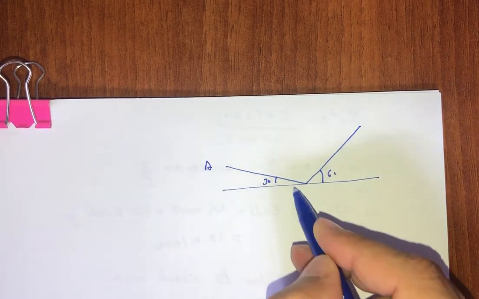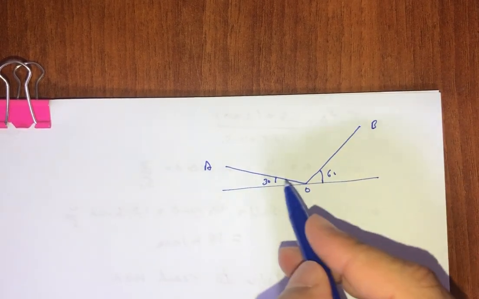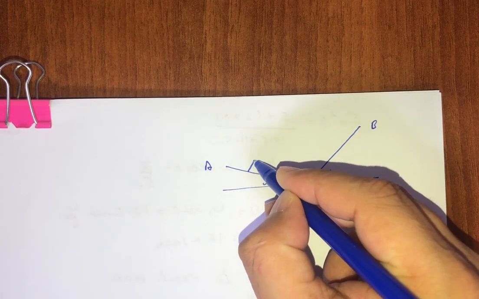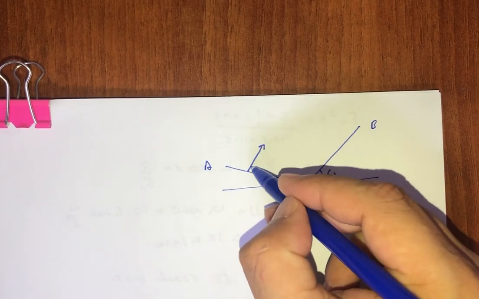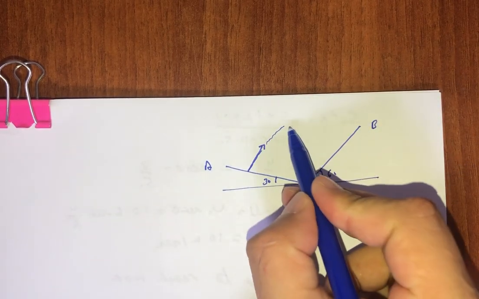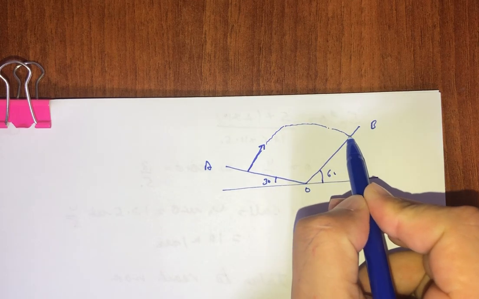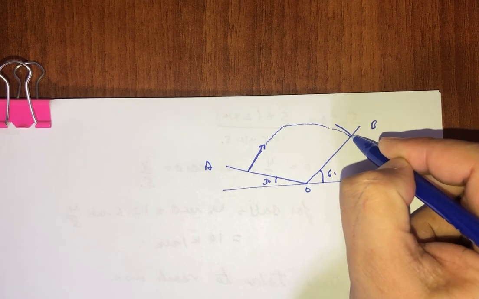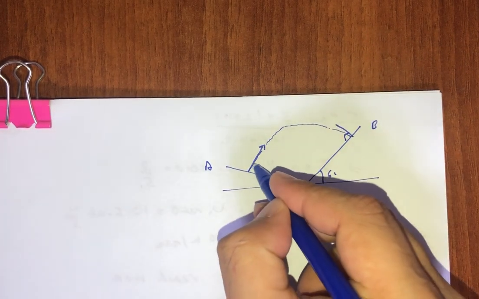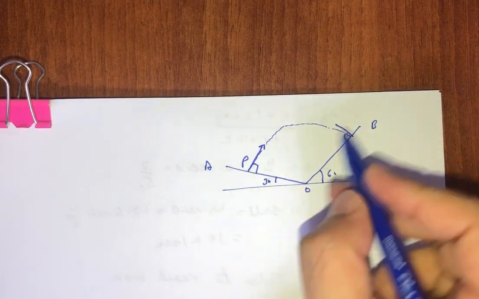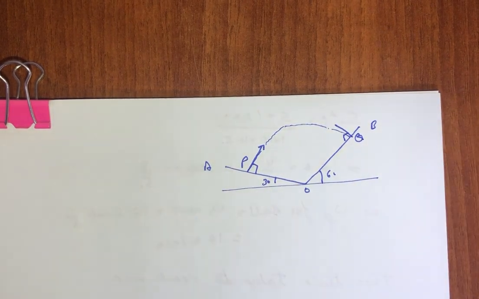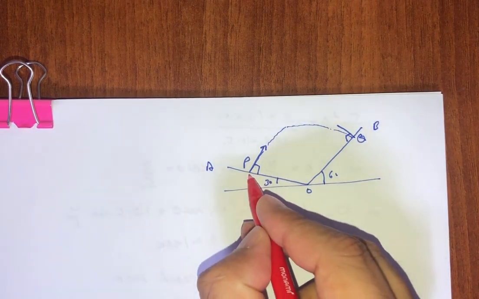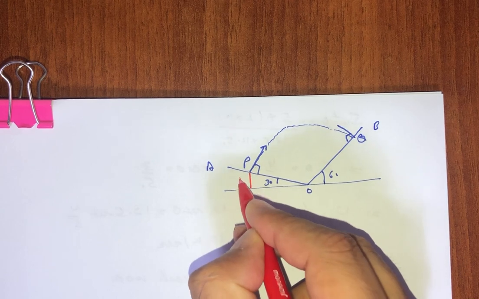This is AO and OB, and a particle is projected from a point P in a direction perpendicular, so it will be going something like this, and it strikes the inclined plane OB, also perpendicularly in this way. So this is also 90. Let us call this point P and this point Q. And this height we are going to find out. Let us call this height h.